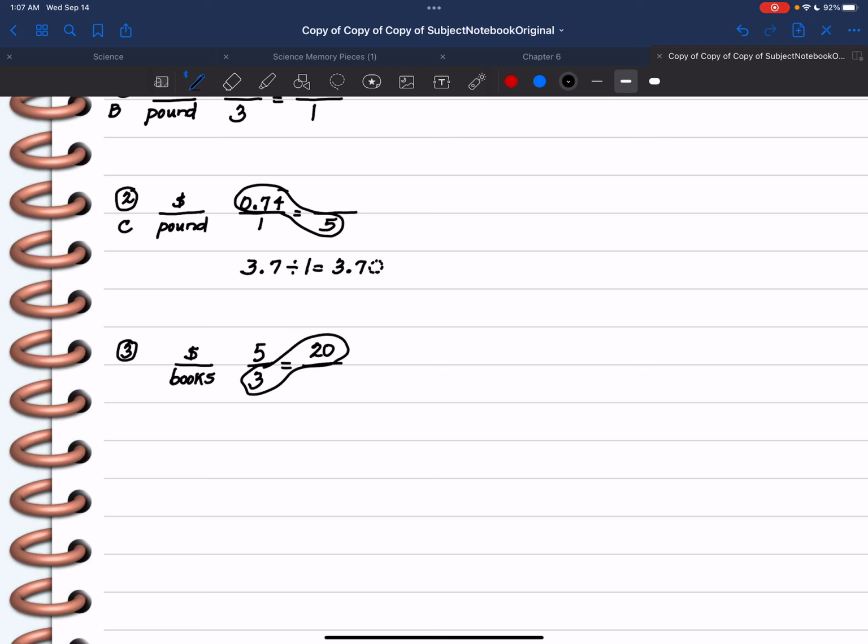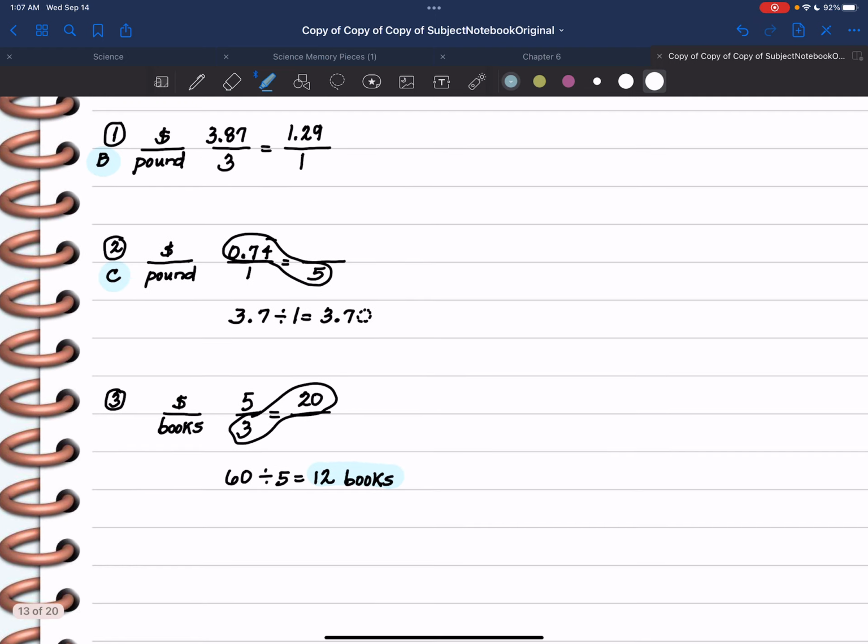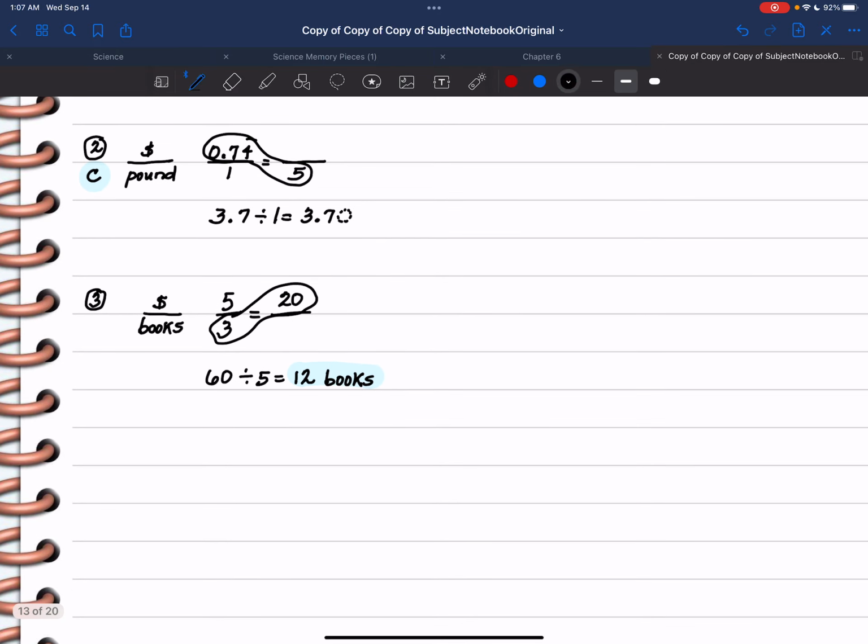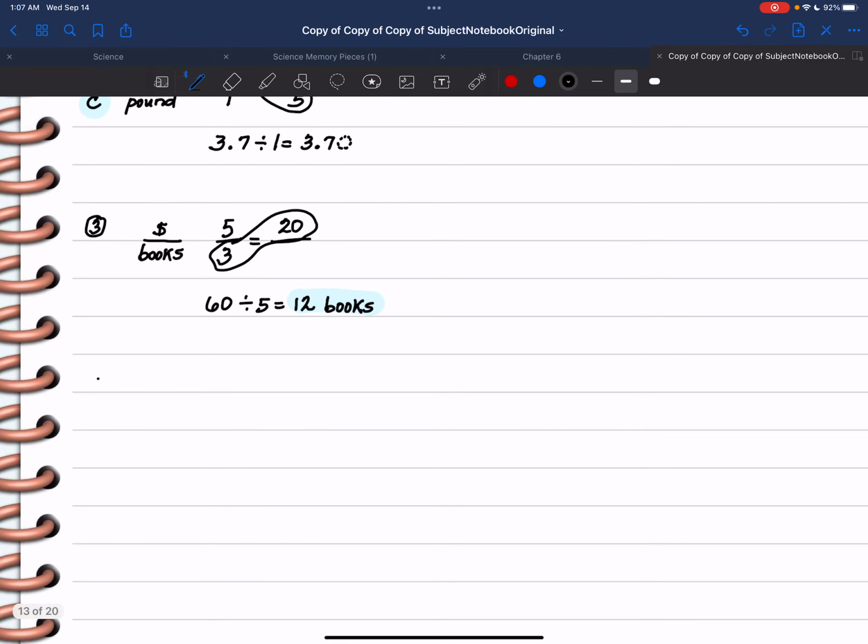So we have 20 times 3, that's 60, divided by 5 is 12. So 12 books for $20. And that one is not multiple choice. We just have to write in the answer. Let me highlight my answers. I will go back and check these, but okay, number 4.